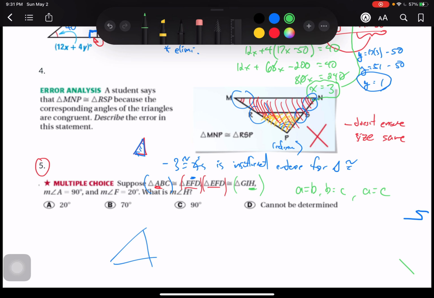If you recognize this by now, hopefully, this is the transitive property. Okay. So that means that if A is 90, then so is E and so is G. And if F is 20, then so is I.